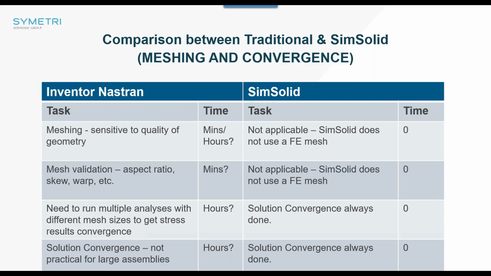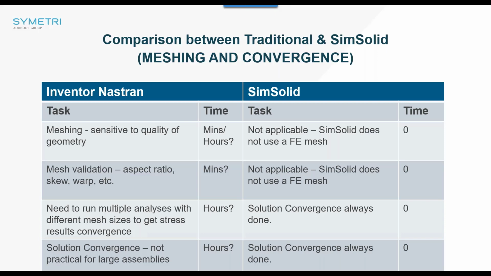If the geometry is not perfect, then we'll have meshing errors. We also then have to check whether the mesh is good or bad, things like aspect ratios. This is optional, you don't have to do it, but some people prefer to. And then we have to run it three or four times to understand whether the results have been affected by the change in mesh. What we refer to this as is solution convergence.